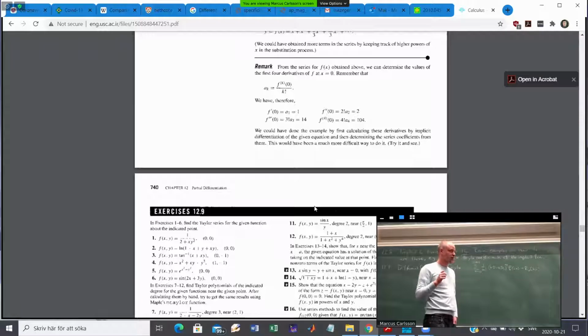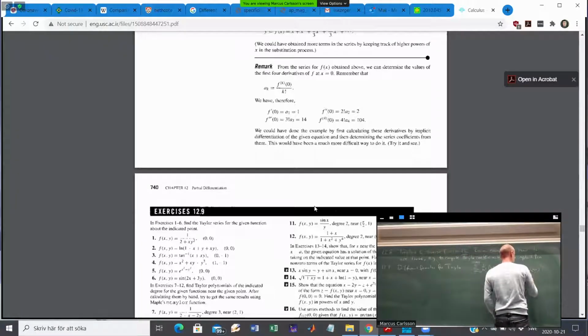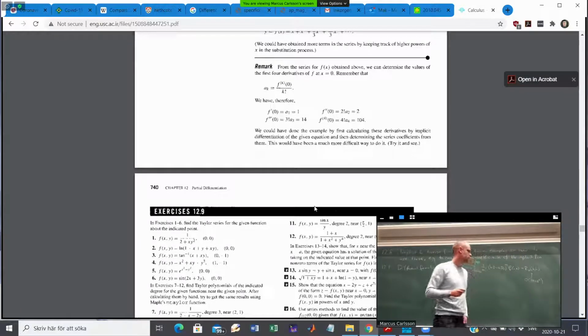We don't know the exact form of this remainder, we only know that it is ordo (h,k) to the power of n, right? If you want, you can always use the one-dimensional Taylor and the Lagrange remainder to get an estimate on this.